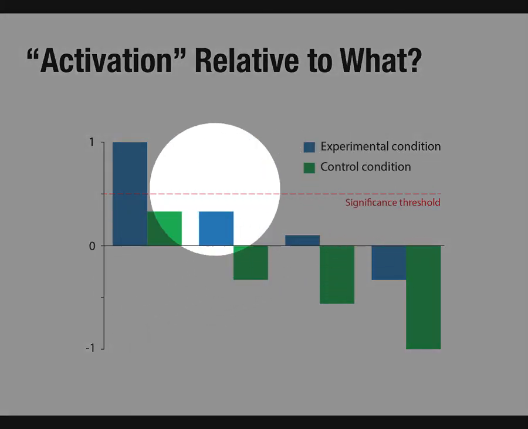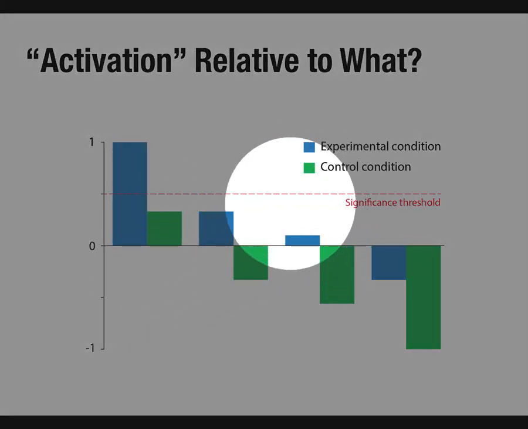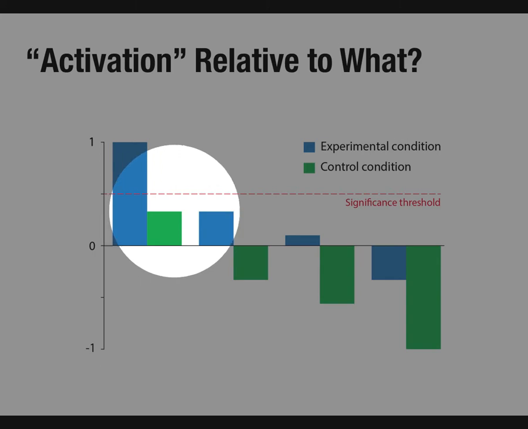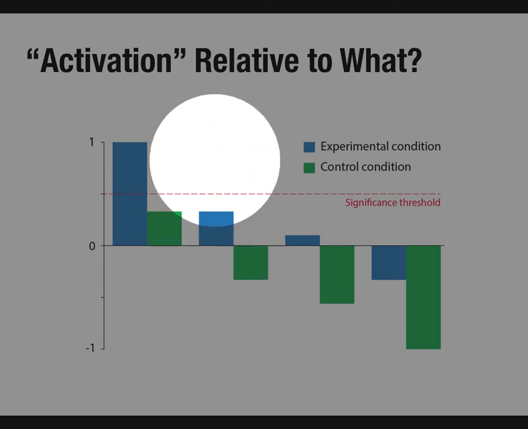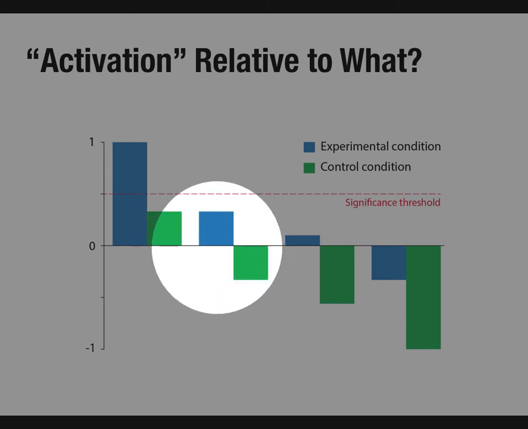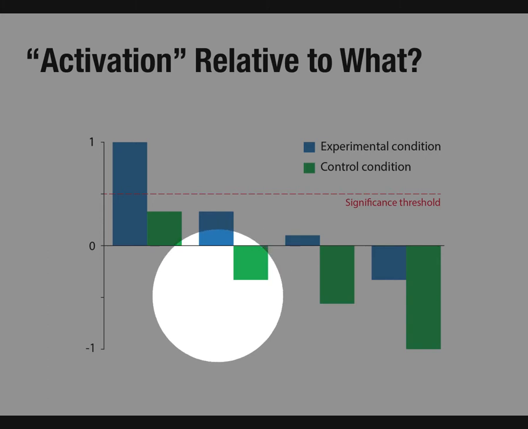And critically, if this dashed line is our threshold for significance relative to baseline, this difference looks like a significant difference between the experimental and control conditions. The magnitude of the difference here is biggish, but the experimental condition itself relative to baseline isn't actually significant. So that would be a really bogus kind of finding in a paper.